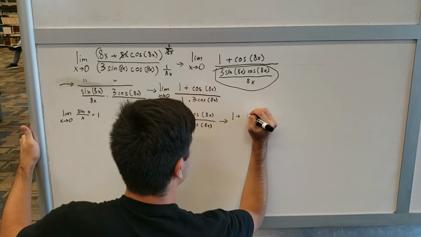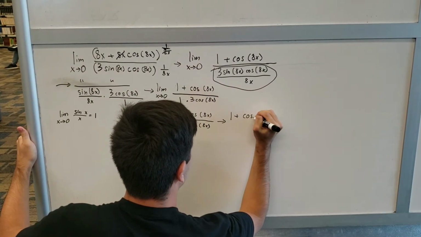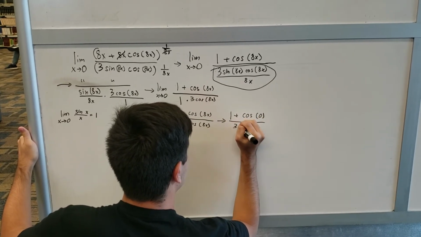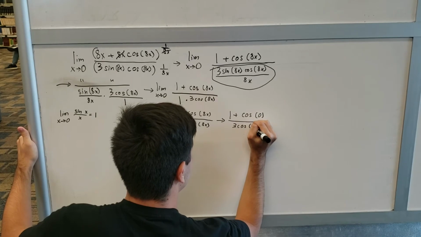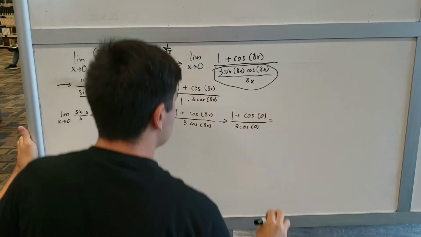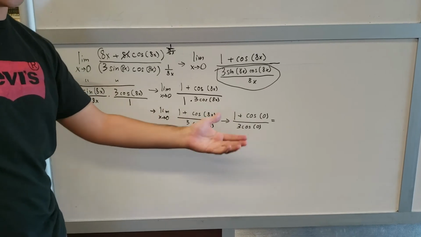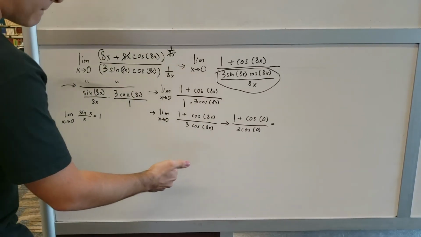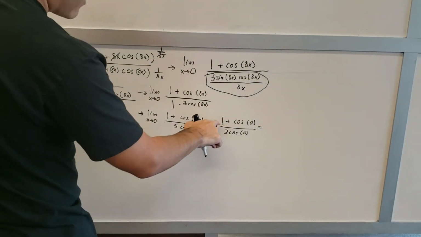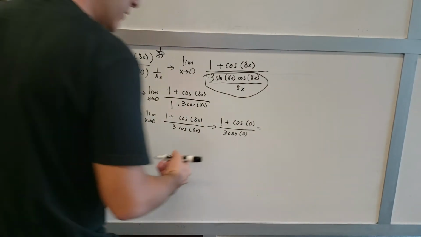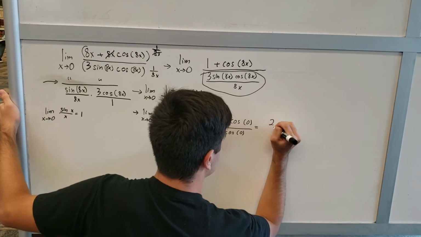So 1 plus the cosine of 0 over 3 times the cosine of 0. The reason why I put in 0 instead of 8 times 0 is because obviously 8 times 0 is just 0. So in the numerator you have 1 plus the cosine of 0, which is just 1. So it's 1 plus 1, which equals 2.